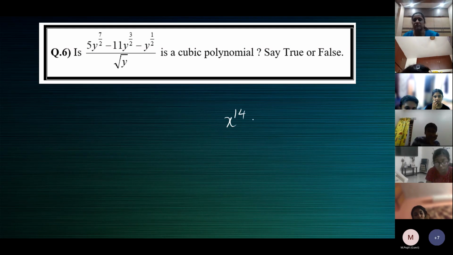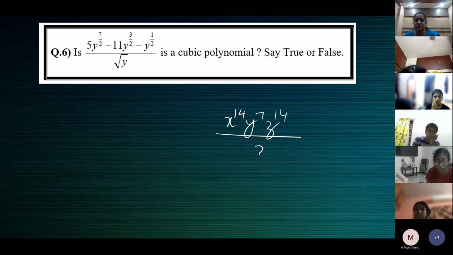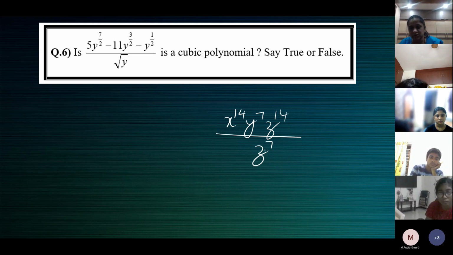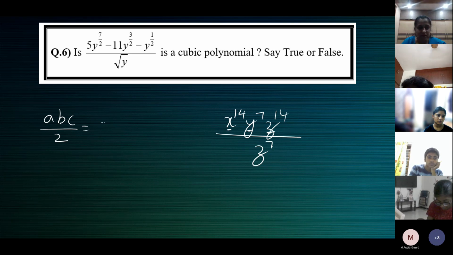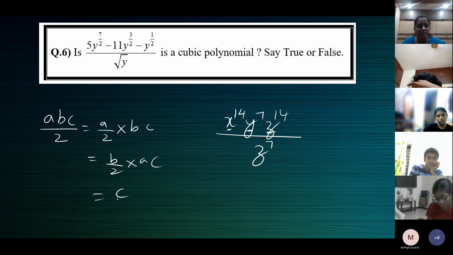Now when it's multiplication, abc by 2 means a by 2 into bc, or b by 2 into ac, or c by 2 into ab.